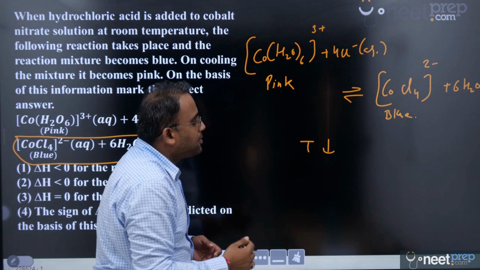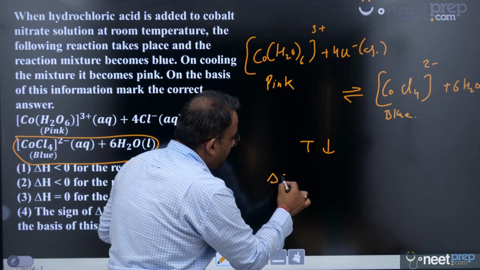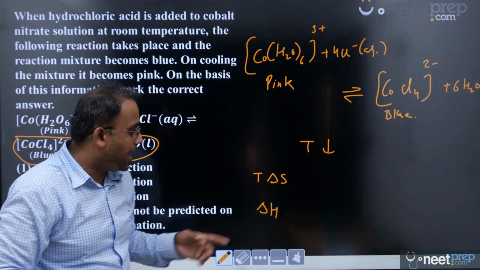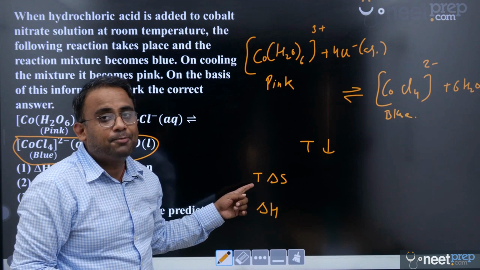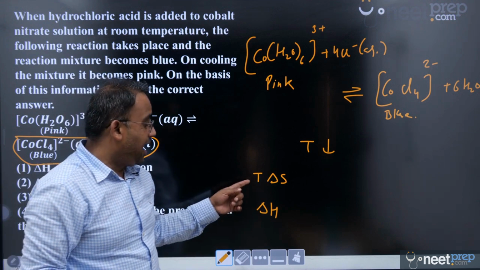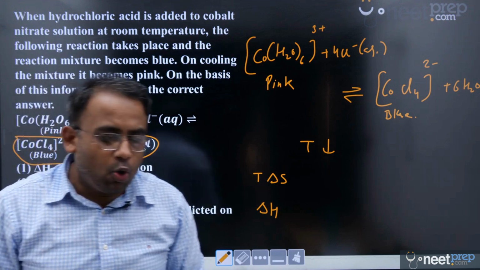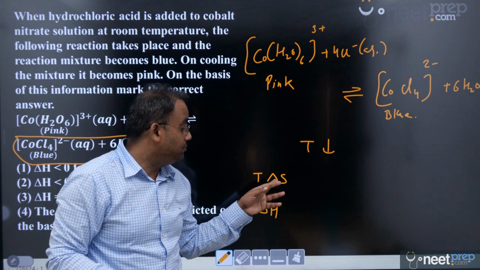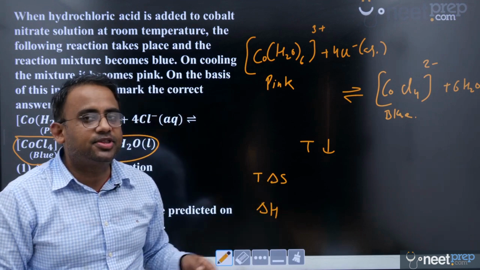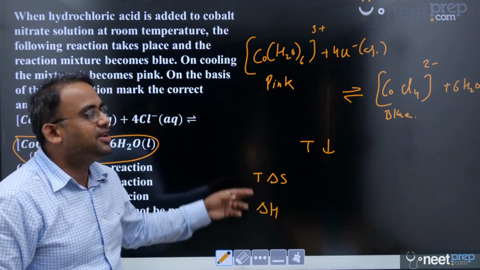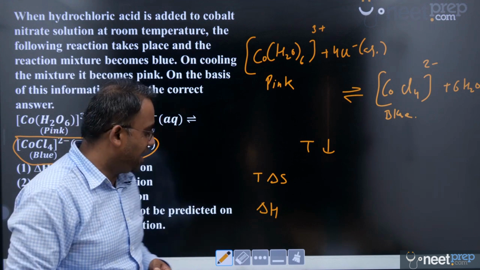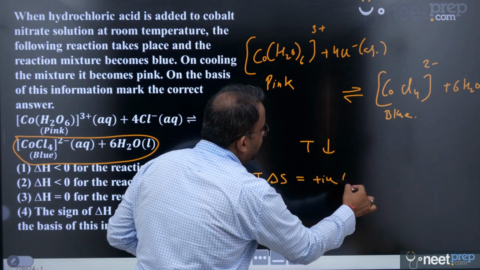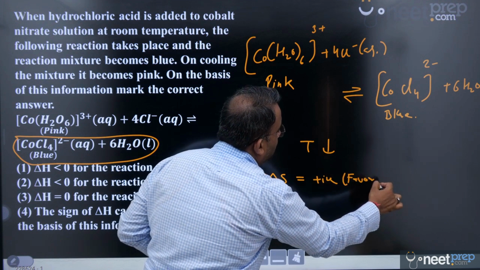And in the previous problem I have discussed with you delta S, T delta S and delta H. Let's consider these two factors. I have multiplied by absolute temperature T, which is in Kelvin, and multiplying delta S by T will only make the units of these two terms same, but multiplying with T will not affect the sign of delta S. Now if delta S is positive, it will favor the forward process.